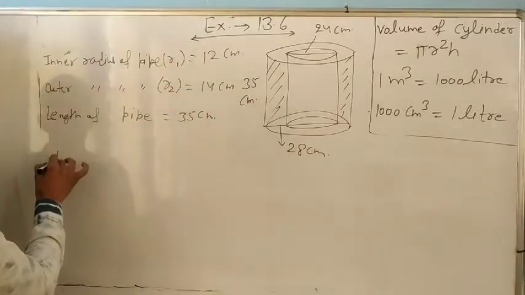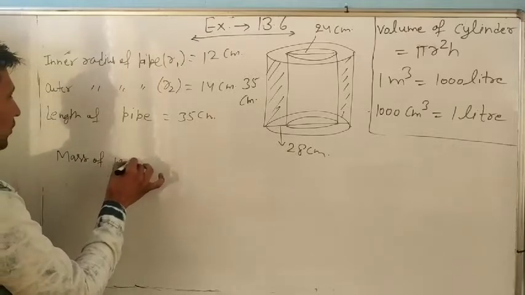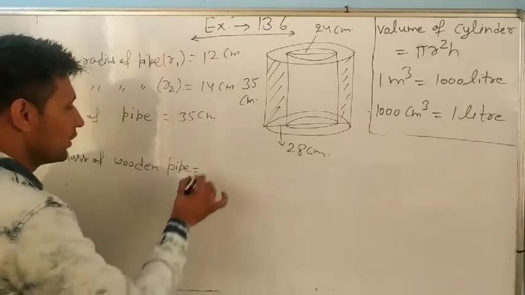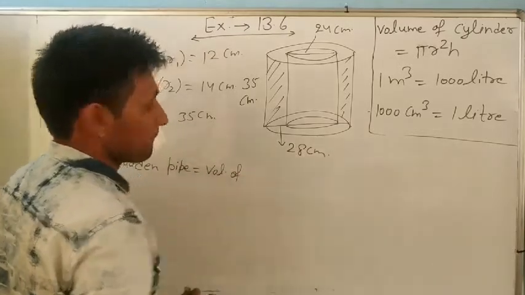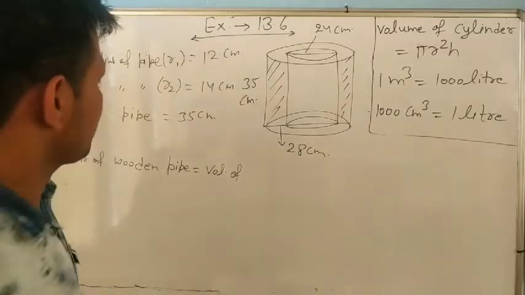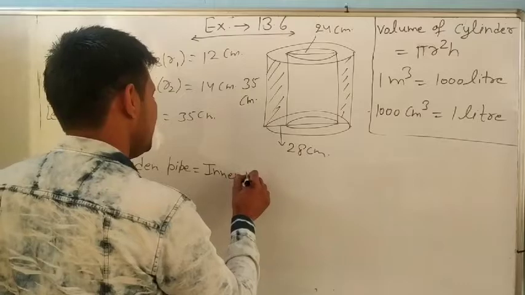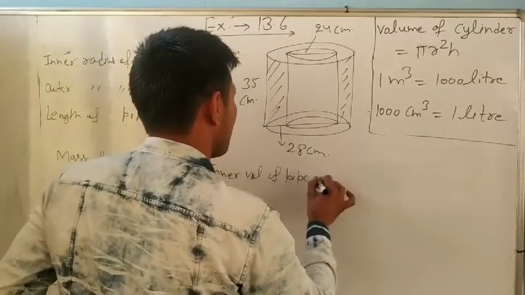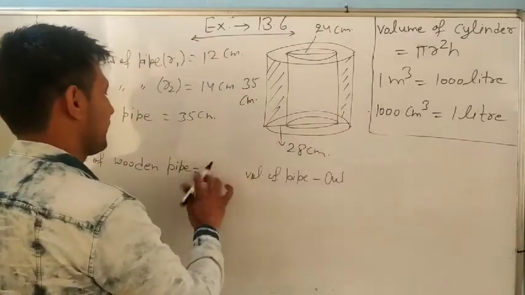Now we have to find the mass of the wooden pipe. So how will you find it? We will write the volume of the outer pipe minus the inner.